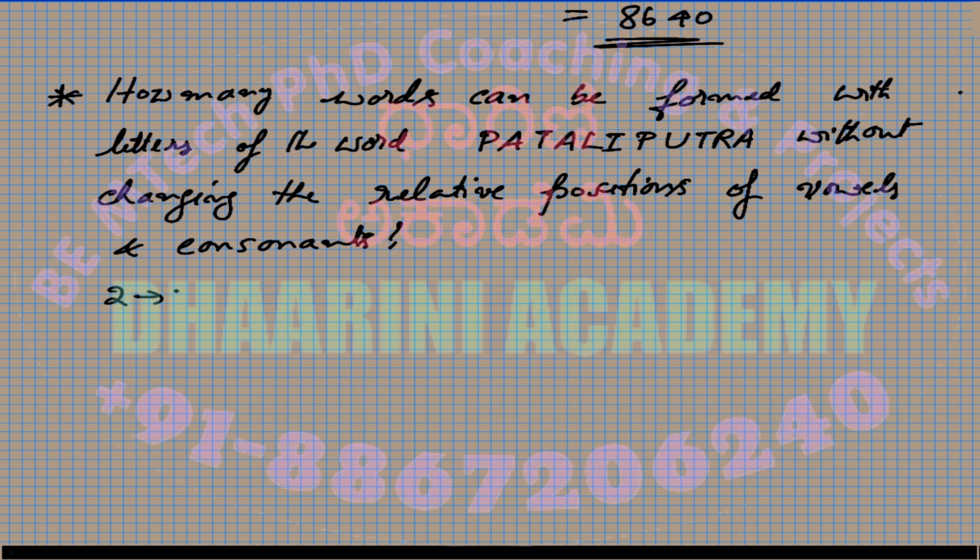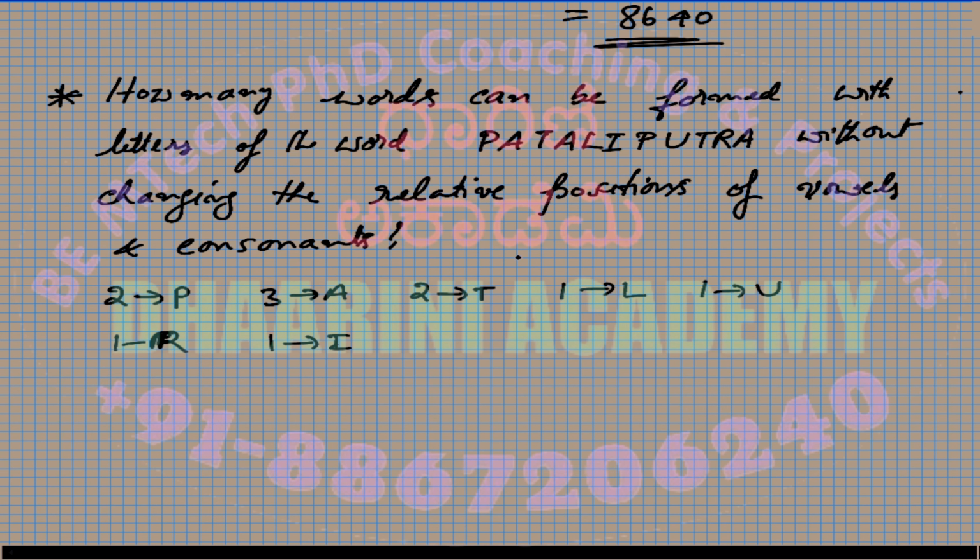There are 2 P, 3 A, 2 T, 1 L, 1 U, 1 R and 1 I. Okay, so 2 plus 3 plus 2, total 11. All right.